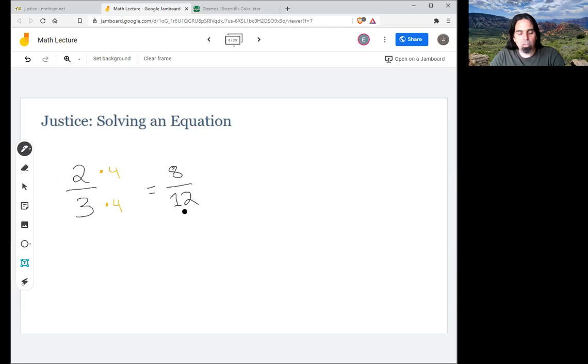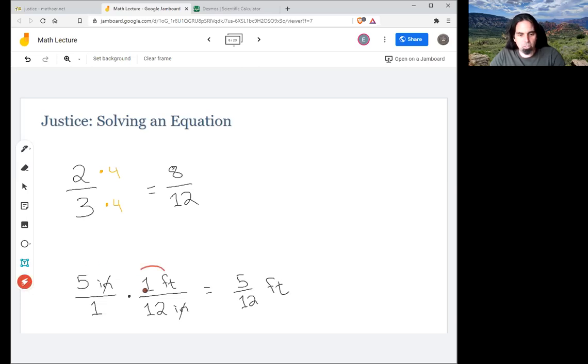Or we could reduce a fraction instead of unreducing. We've also seen how if I have something like 5 inches, then I could put that over 1 and multiply by 1 foot is 12 inches. And that worked because 1 foot and 12 inches are two names for the same thing.